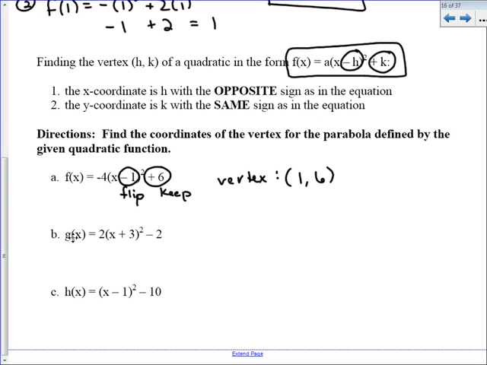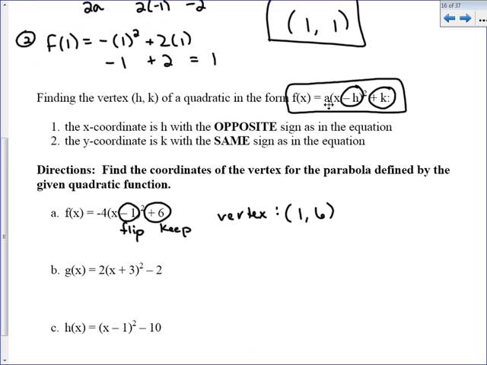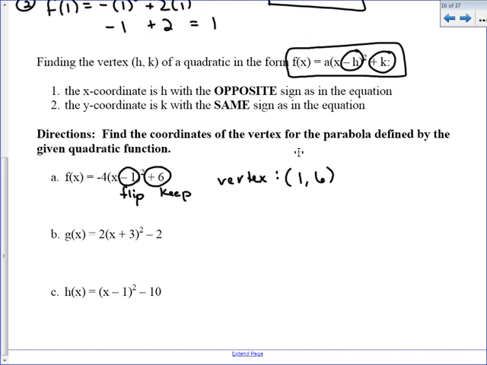So if I look at B, first of all, does this open upward or downward? What do you think? It's still upward. A, look at the form. A is the number in front. So A in this one is 2. So the number out front is still A, so you can still look at that A and tell me max or min. But to find the vertex in this funky format, it's really easy.